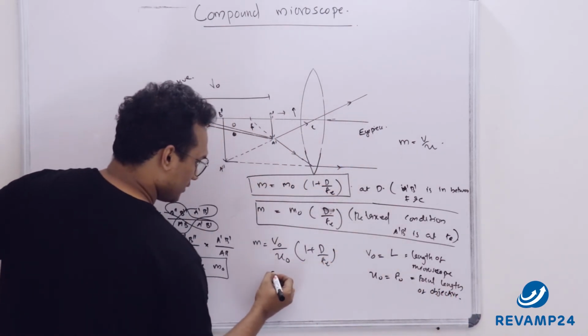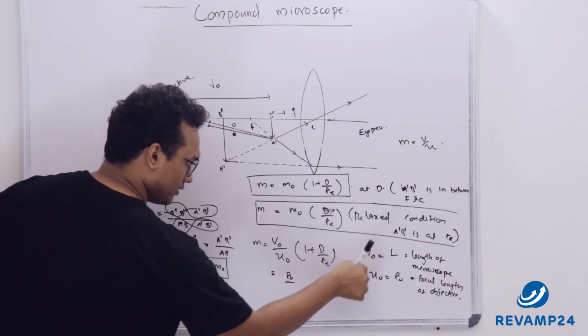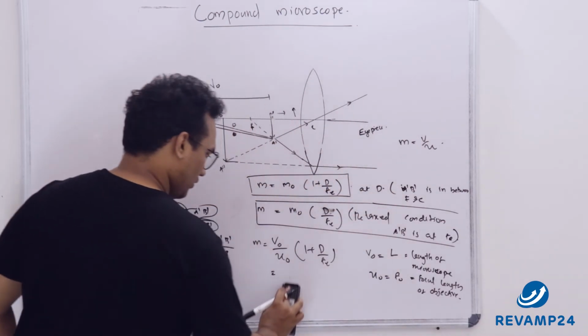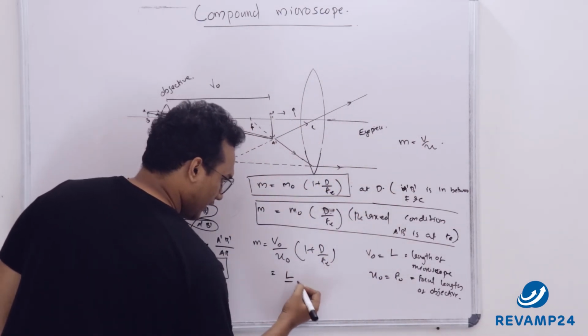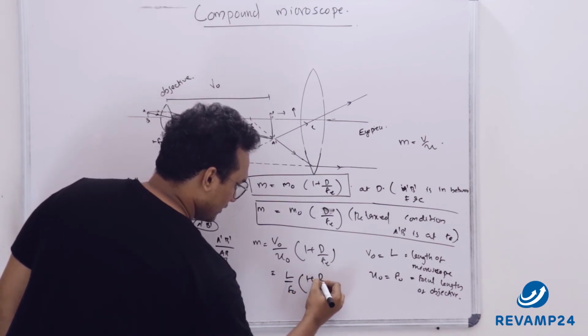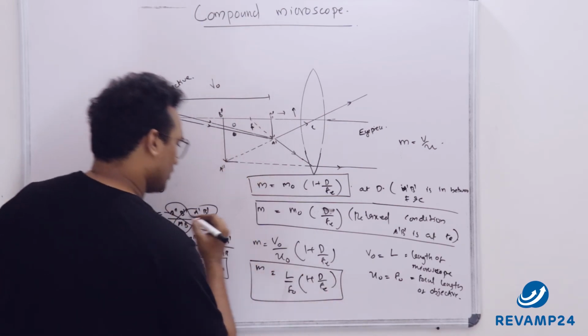In these two conditions, I am going to do the substitution here. M is equal to L divided by FO into 1 plus D by Fe. This is the magnification equation, the actual equation.